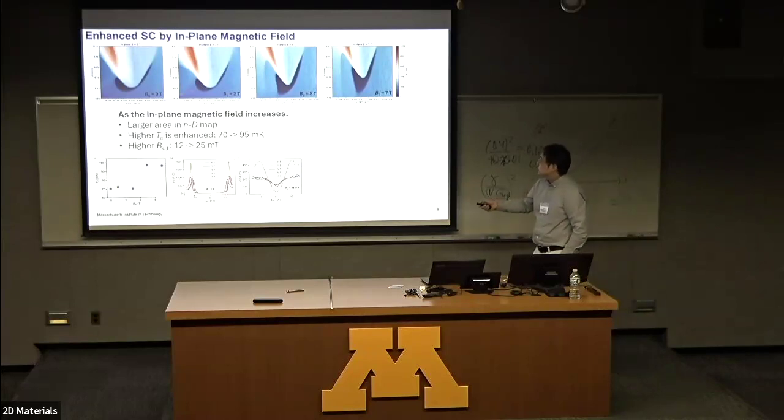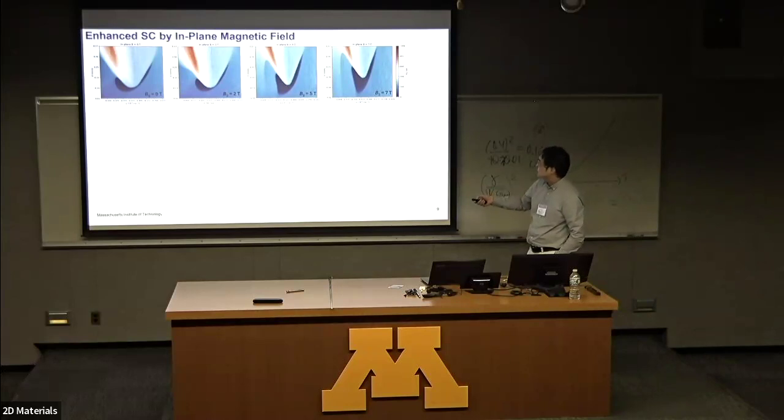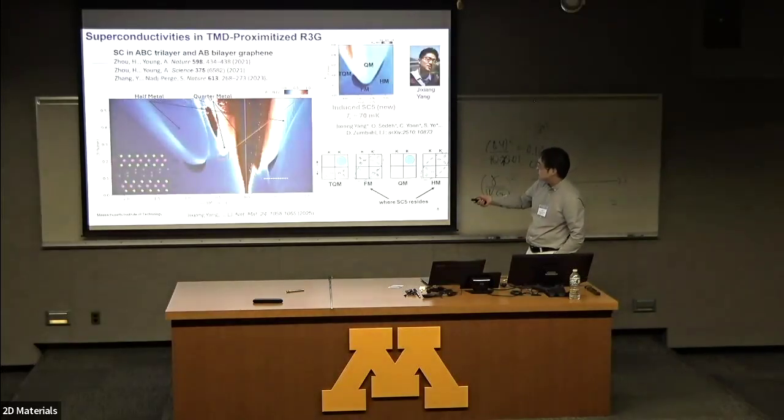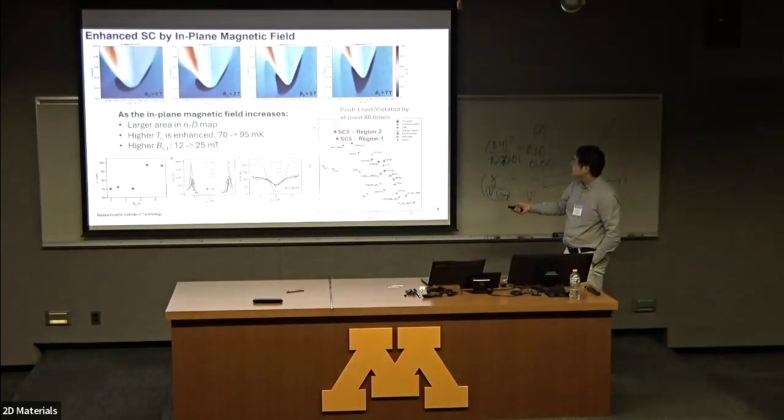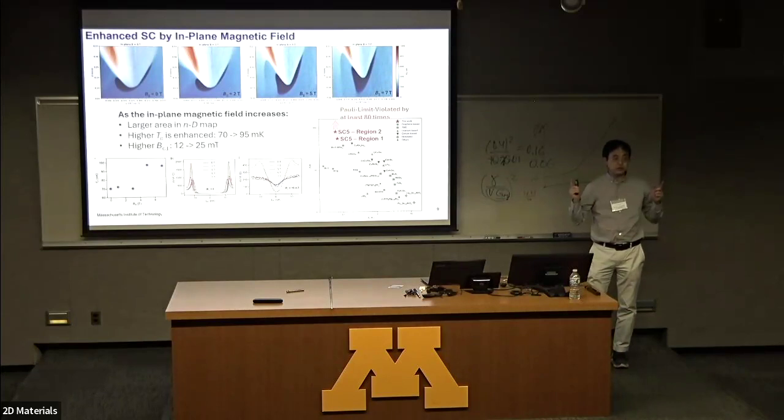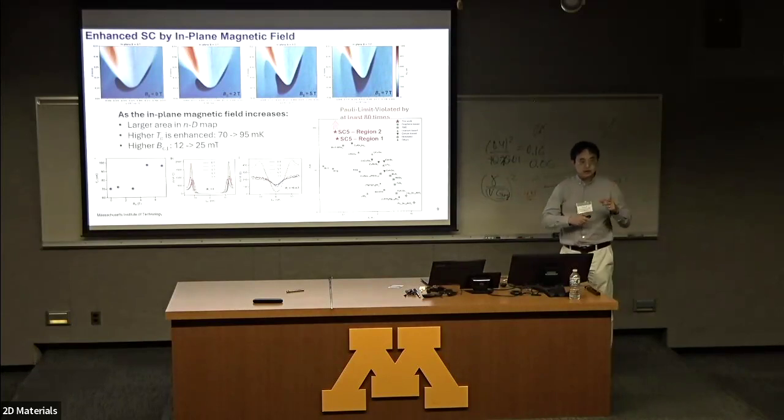So this superconductivity, although it's very tiny, almost 1 pixel on this map, and you can easily miss it, seems to be very robust. It survived up to 9 Tesla, and that actually corresponds to a huge Pauli limit violation ratio, which is defined as the largest magnetic field that we test divided by the magnetic field corresponding to the Pauli limit, given a TC.